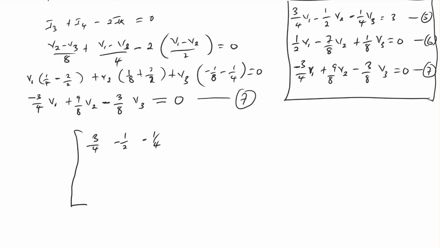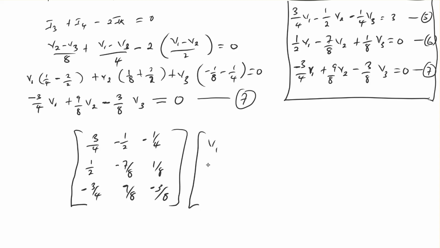And then this one is 1 over 2, 1 over 8 for equation 6, and then the last one is minus 3 over 4, 9 over 8, and minus 3 over 8. We have V1, V2, V3, and then we have 3, 0, 0 here, right?